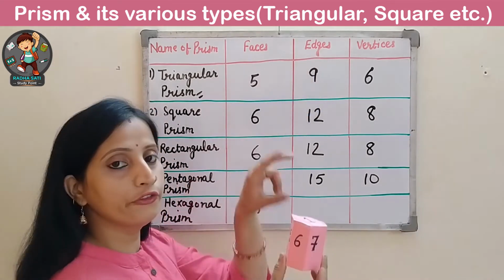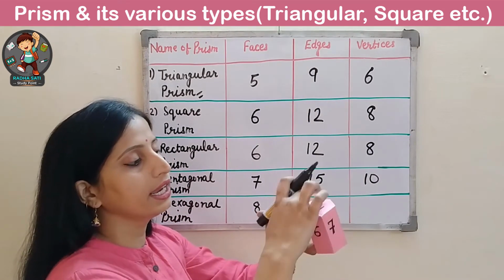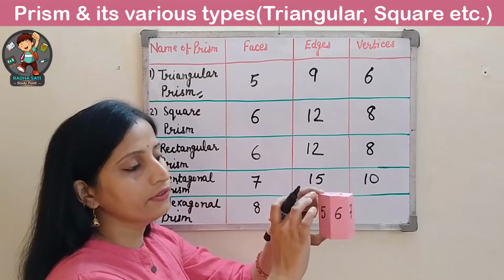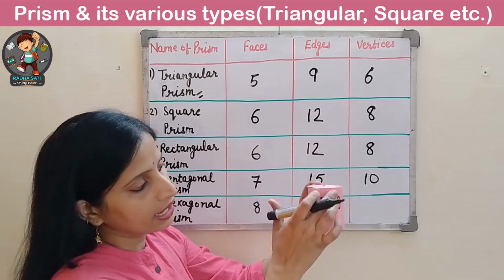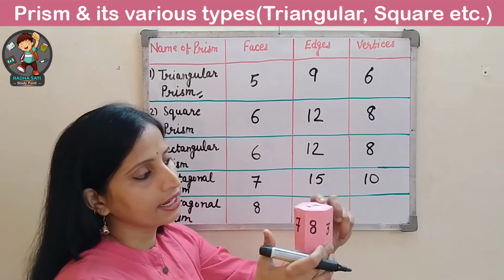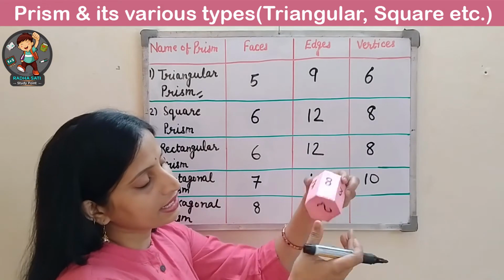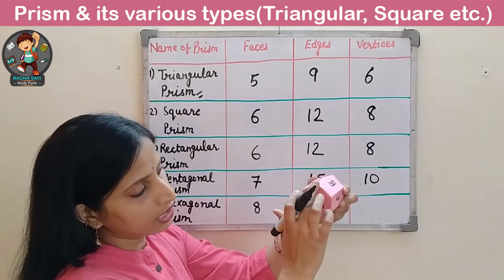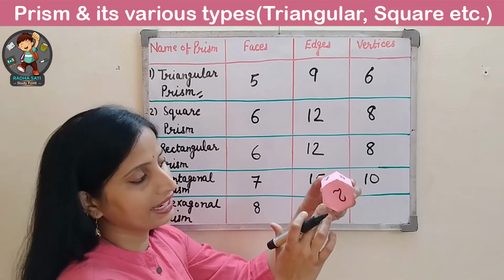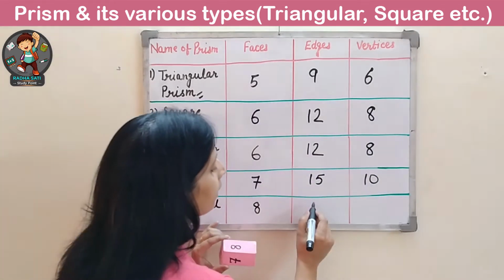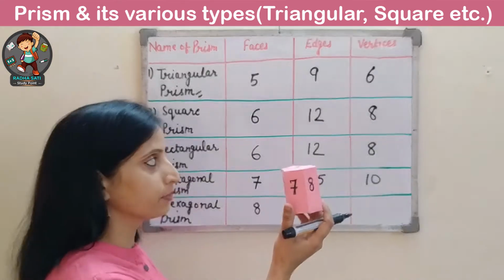Now count the number of edges. 1, 2, 3, 4, 5, 6. Then 7, 8, 9, 10, 11 and 12. Then 6 at the bottom. 13, 14, 15, 16, 17, 18. So there are 18 edges in a hexagonal prism.